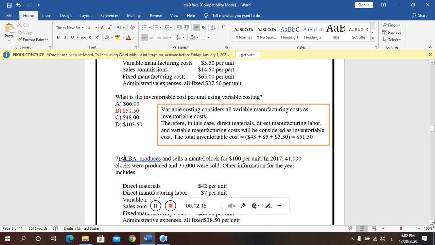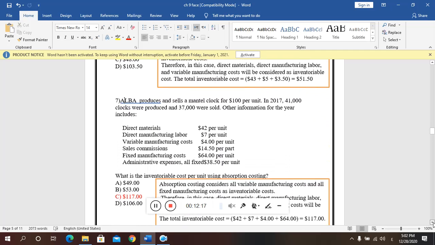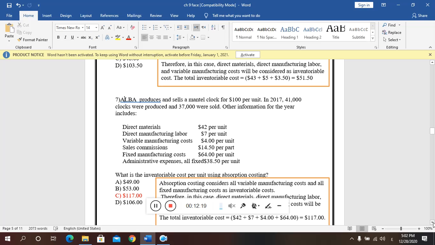Number 7, Alba produces and sells a metal clock for $100 per unit. In 2017, 41,000 clocks were produced and 37,000 units were sold. Other information for the year: direct material, direct manufacturing labor, variable manufacturing costs, sales commission, fixed manufacturing costs, and administrative expenses.